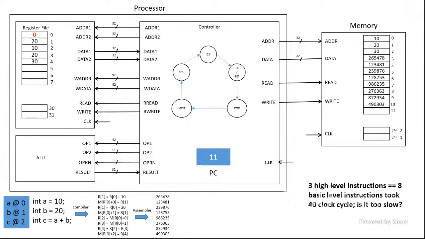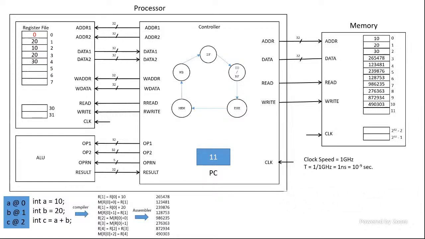Let's say this specific system is running at 1 gigahertz speed, 1/4 of the speed that Andrew is saying his system is. That means your time period is 1/1 gigahertz, which, if you convert the unit, becomes 1 nanosecond, which is 10 to the power minus 9 second.